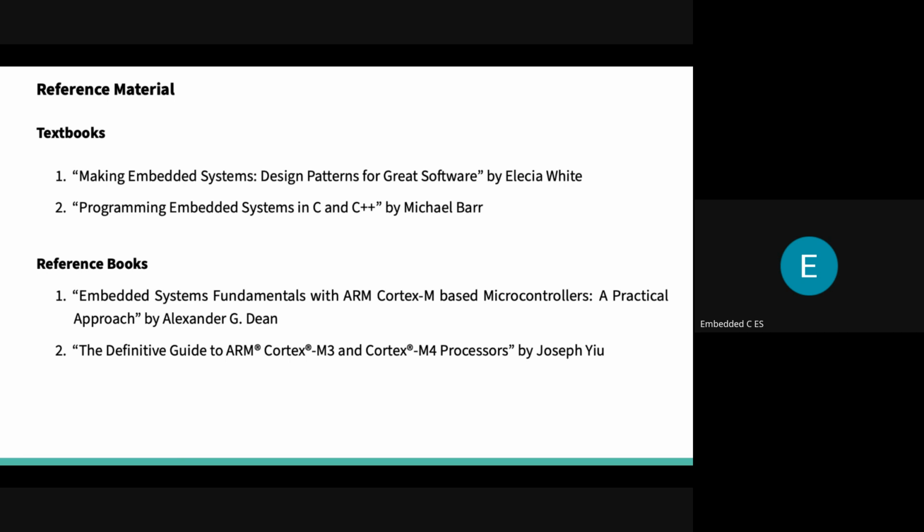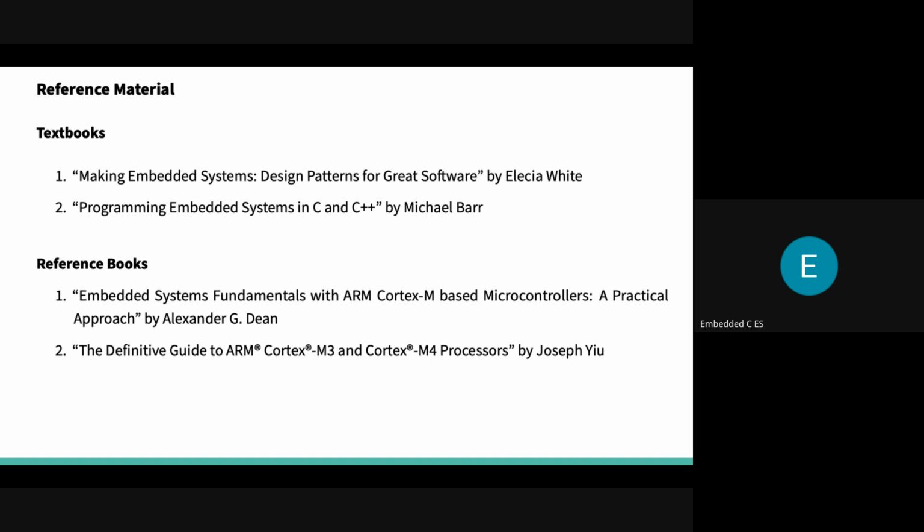For the reference books, we are referring to Embedded Systems Fundamentals with ARM Cortex-M based Microcontrollers: A Practical Approach by Alexander Dean, and The Definitive Guide to ARM Cortex-M3 and Cortex-M4 Processors by Joseph Yiu.